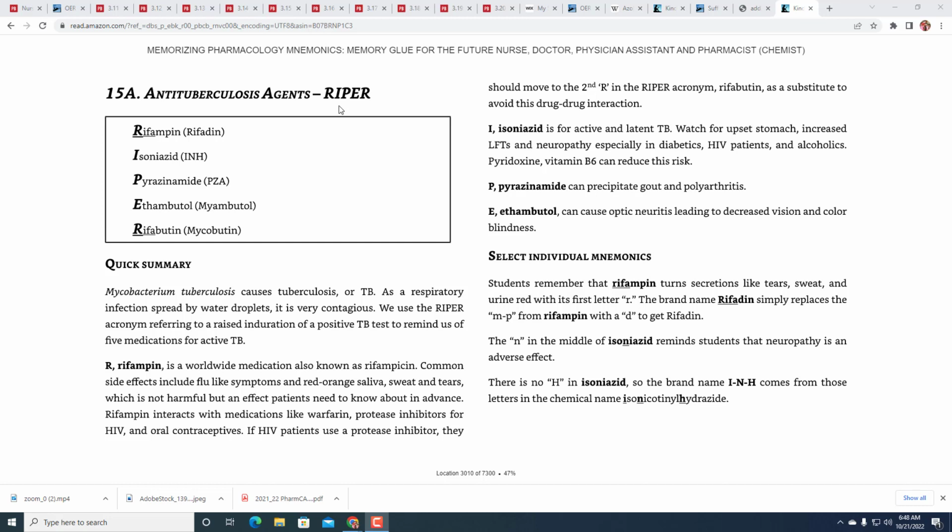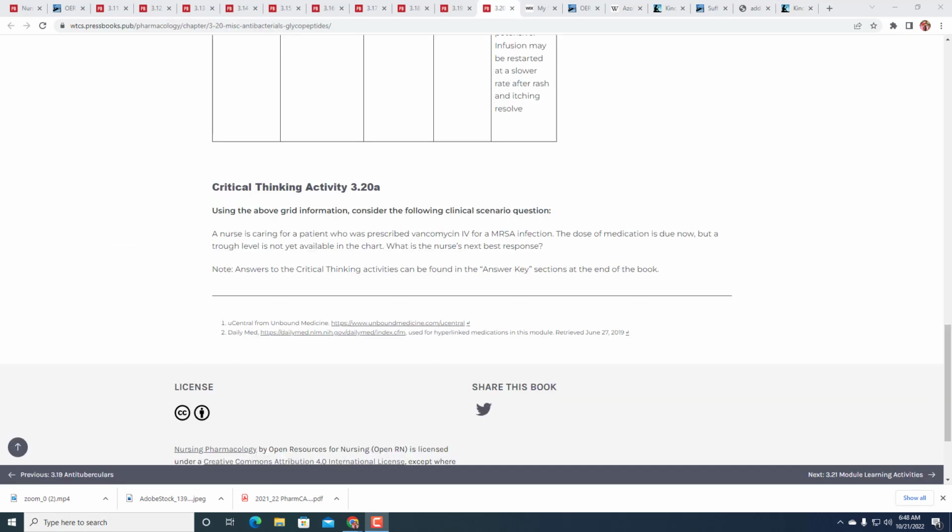And the RIPE mnemonic is rifampin, isoniazid, pyrazinamide, ethambutol, rifabutin, and thinking how when you have that induration, it looks kind of ripe when you get the positive TB test. But that's how you know where isoniazid sits in the tuberculosis landscape.